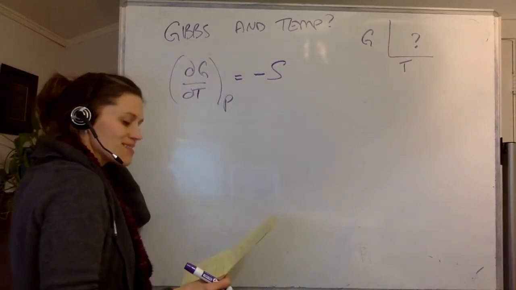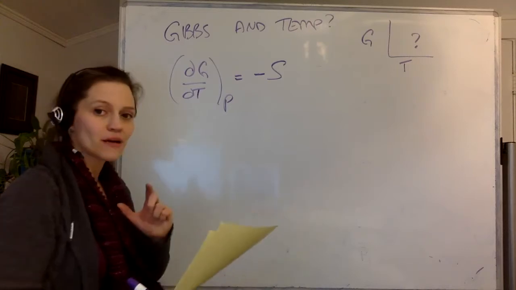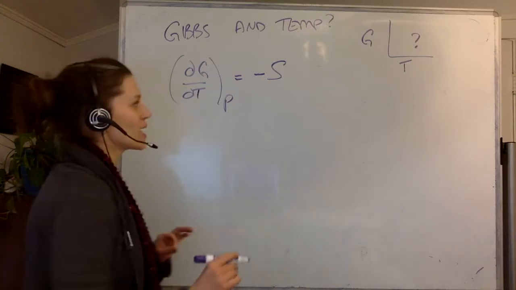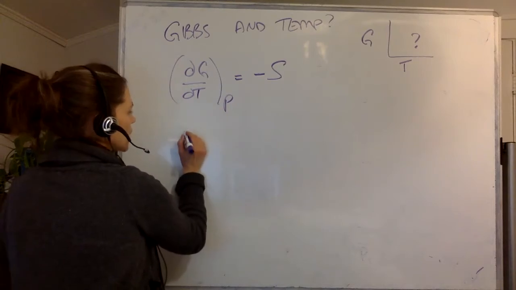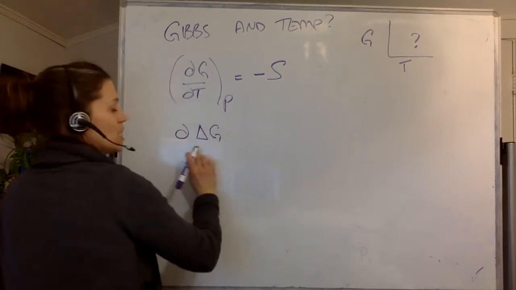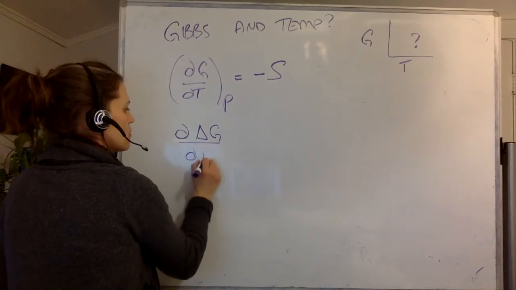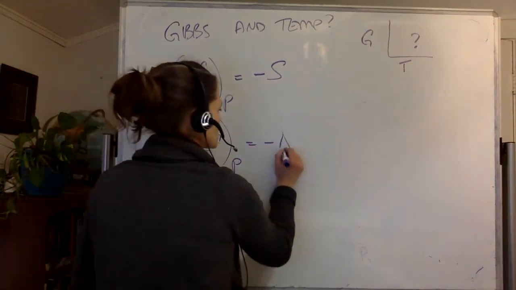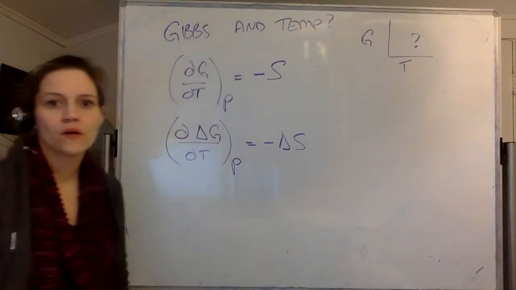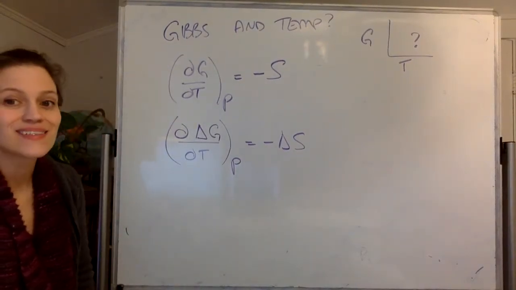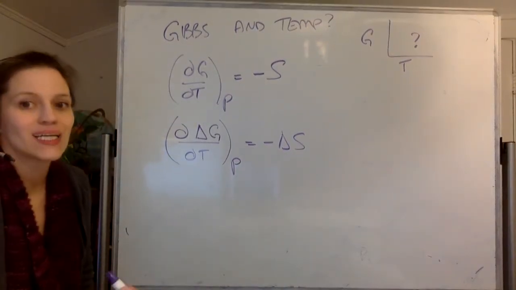And I'm going to take a step here, and I'm going to skip the derivation of how this works. But I do encourage you to look in Atkins. So you can also say that the change in the Gibbs energy, partial T at constant P, is equal to minus delta S. Notice what I've done here. And I'm going to emphasize this is a non-trivial addition.